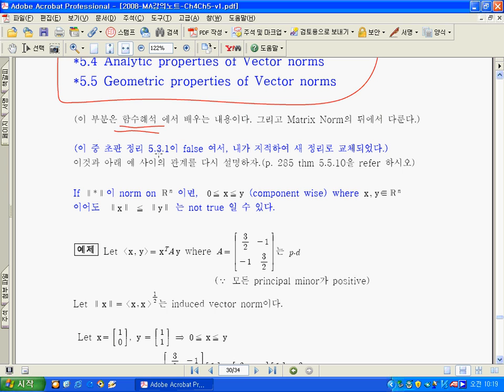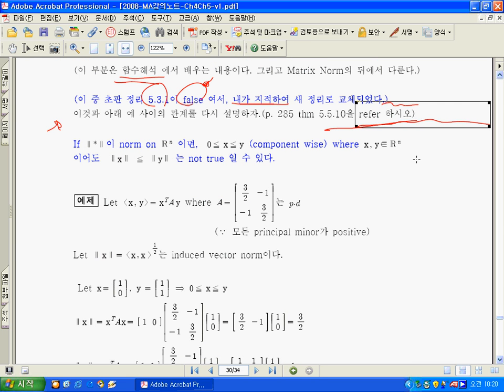Actually, in the first edition of this matrix analysis book, we found something wrong in theorem 5.3.1, so we pointed it out and it was replaced. That's why Professor Leroy Beasley's name is there, because I was the student who pointed out that first theorem. So now your new version has a proper new theorem instead of the old one.